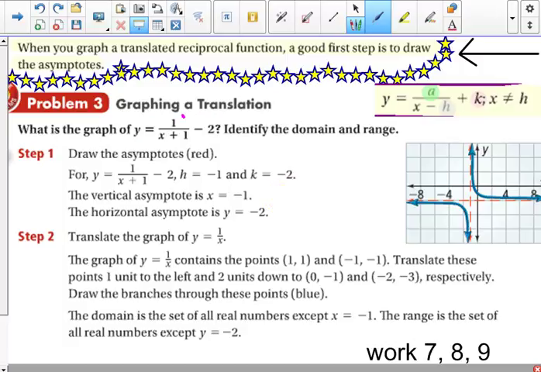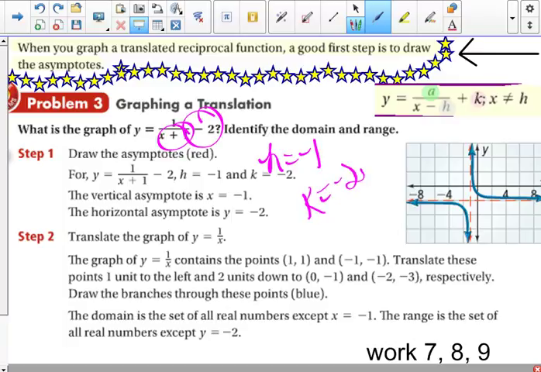So we know we've got the parent function, y equals 1 over x, and then we've just got a horizontal of 1 and a vertical of negative 2. So really, it's that parent function translated to the left 1, so my h is equal to negative 1 because it was a plus 1, x minus negative 1, and my k value is negative 2.